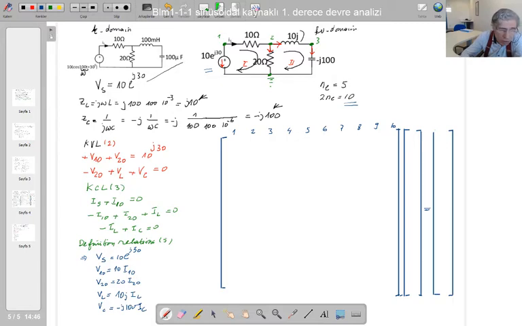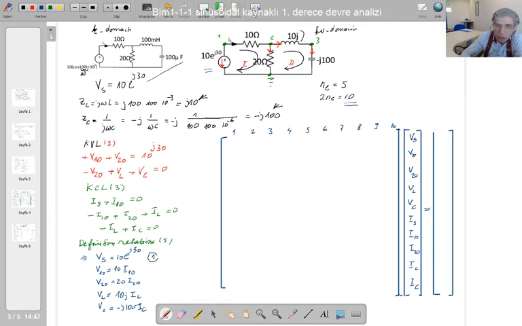Let me write these unknowns here: Vs, V10, V20, VL, VC, and then IS, I10, I20, IL, IC, the capacitor current.